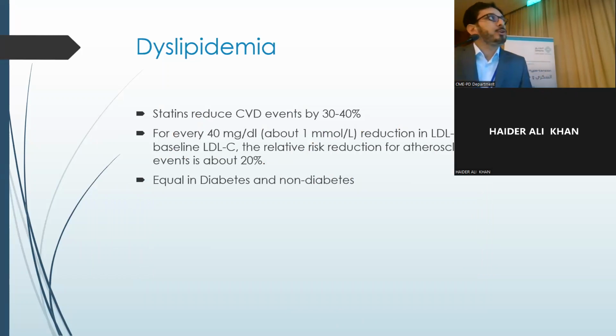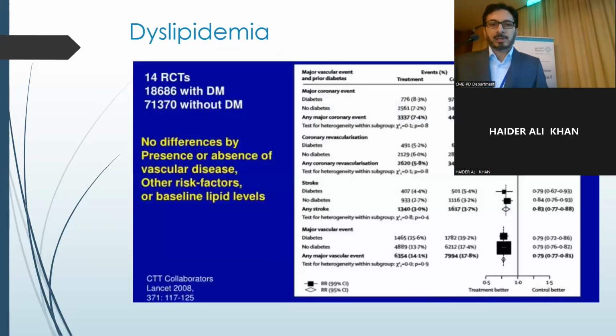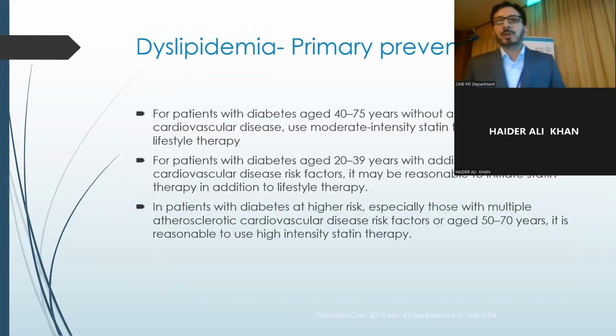Now, statins reduce cardiovascular disease events by 30-40%, and for every 1 millimole reduction in LDL, regardless of the baseline LDL cholesterol, the relative risk reduction for atherosclerotic cardiovascular disease is about 20%. This has been demonstrated not only in diabetic patients but also in non-diabetic patients. As you can see, all the events favor the treatment with statin.